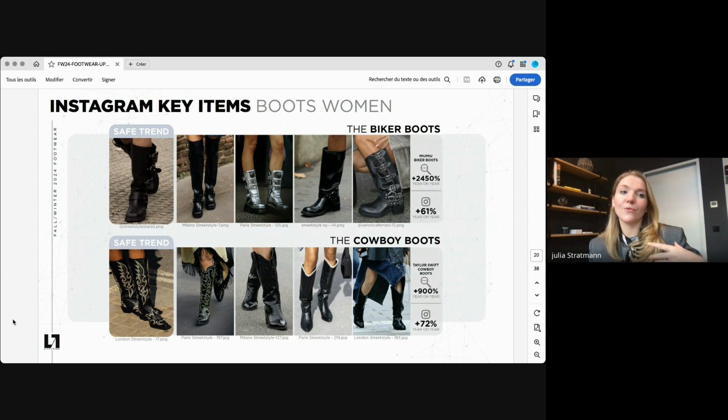So it can be quite commercial with just one or two buckle details, but it can also range into something a bit more edgy. And this versatile appeal has shown up with a 2,450% search growth, as you can see as well.